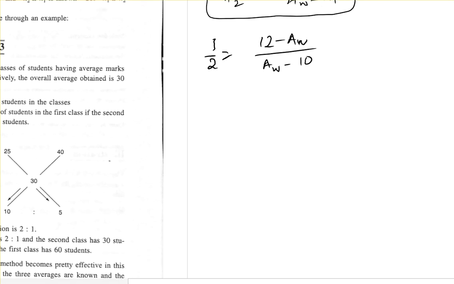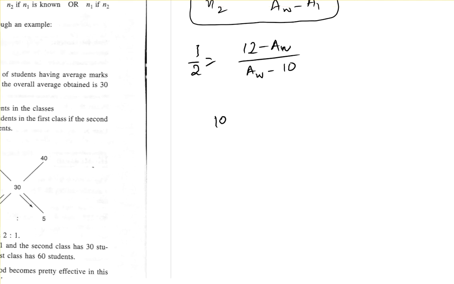You will use it like this: 10, 12, AW, and this will be N1, this will be N2.